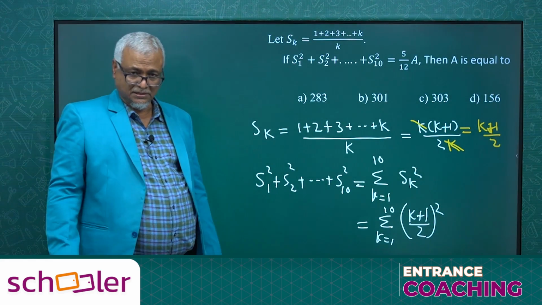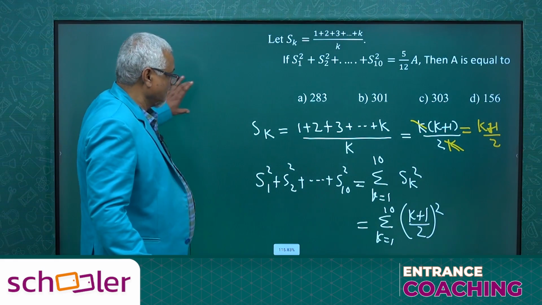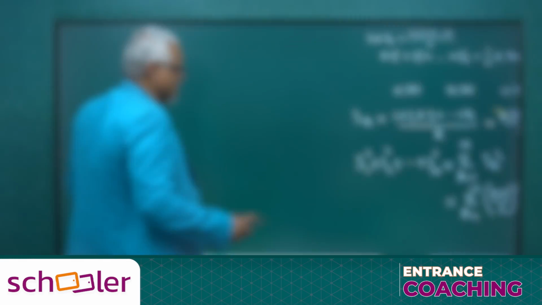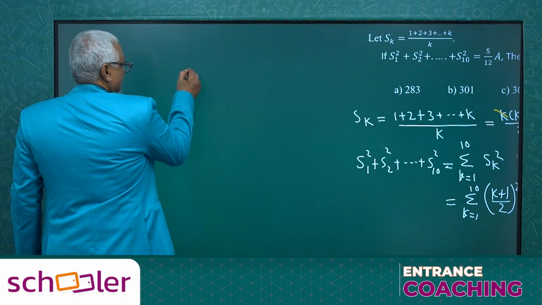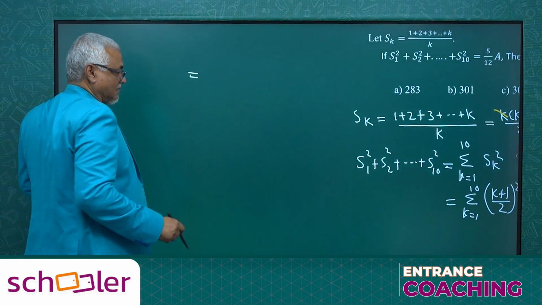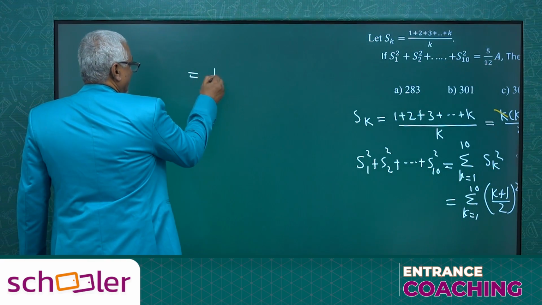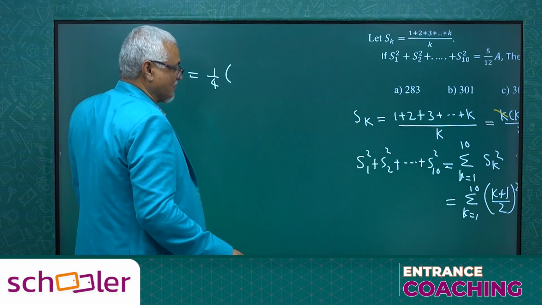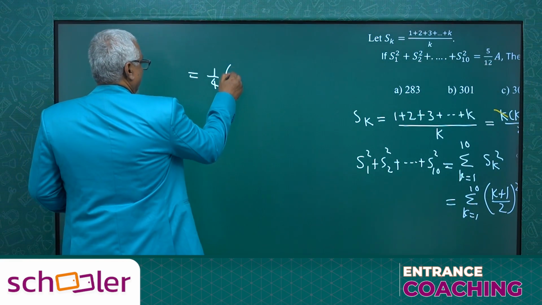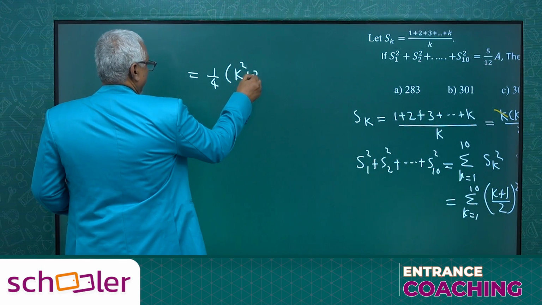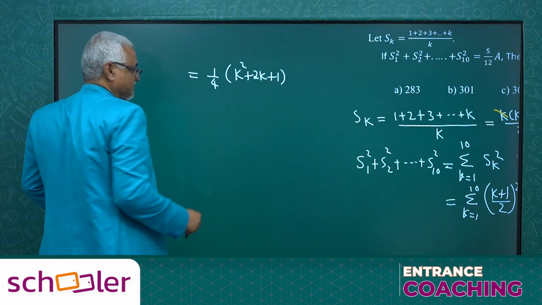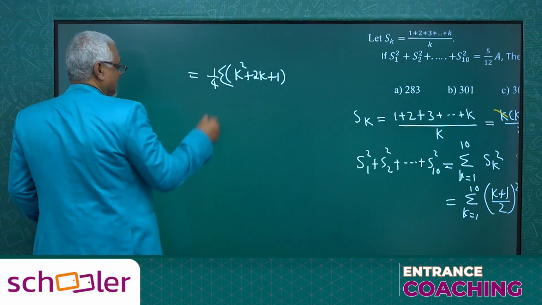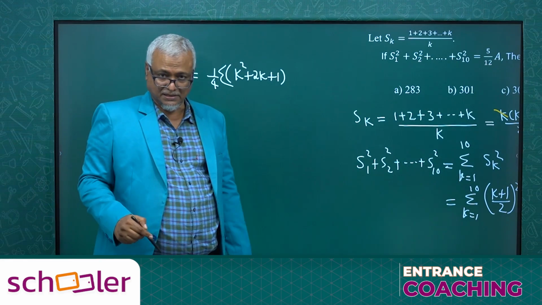That is it. You expand. What is k plus 1 whole square? This is equal to, okay, 1 by 4, you can take outside. K plus 1 by 2 whole square, we get k plus 1 whole square by 4. Then k square plus 2k plus 1. Of course we have summation. We take 1 by 4 outside of the summation.